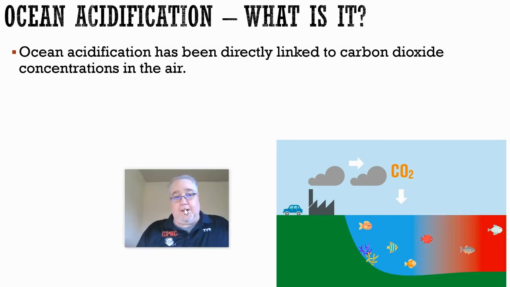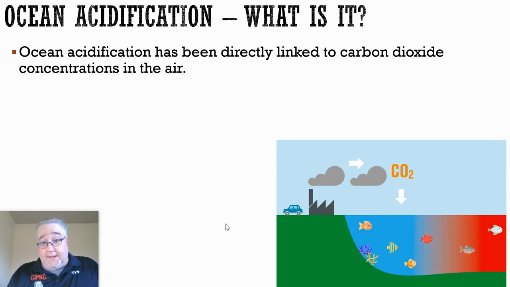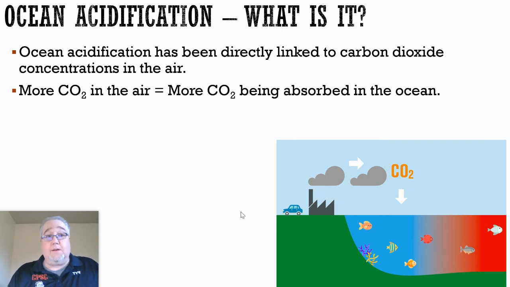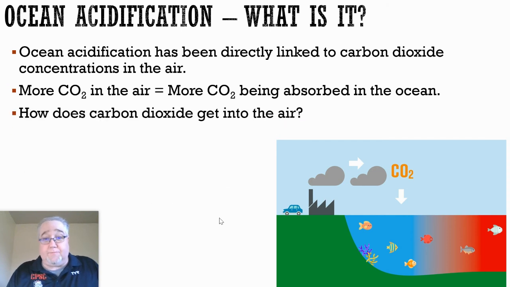Now, the reason why oceans are becoming more acidic is it's basically a direct link to greenhouse gases, specifically carbon dioxide. The more CO2 that we have in the air, the more CO2 gets absorbed into the water. So again, the more greenhouse gases that go up into the atmosphere, we're talking specifically CO2 here, there will be more CO2 in ocean water.